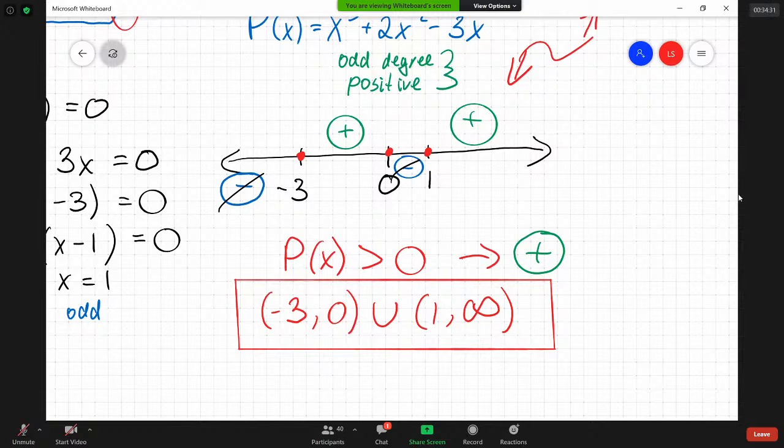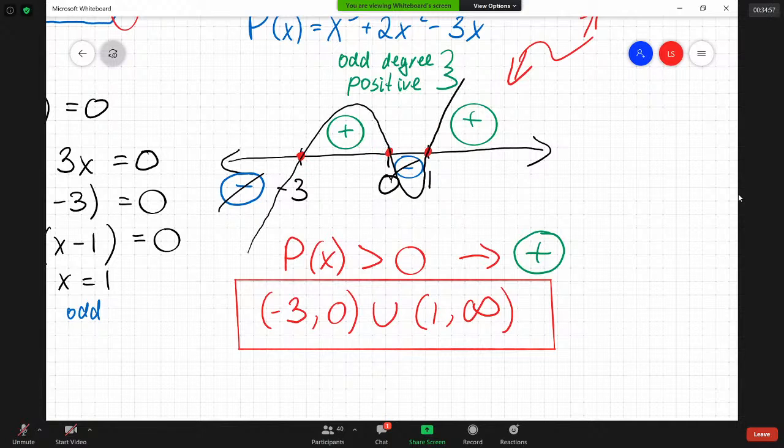Any questions? How did we get the negative value in between 0 and 1? That's based on the zero's multiplicity, right? We know that if all of our multiplicities are odd, then my function does something like this: has to cross, has to cross, has to cross.